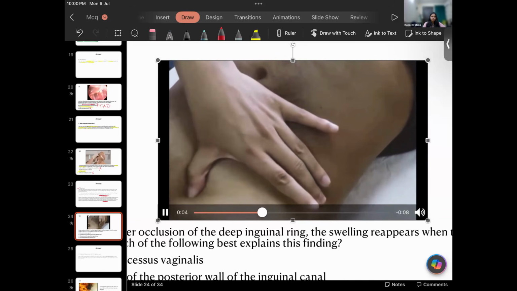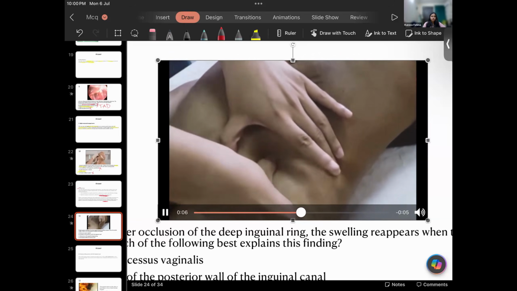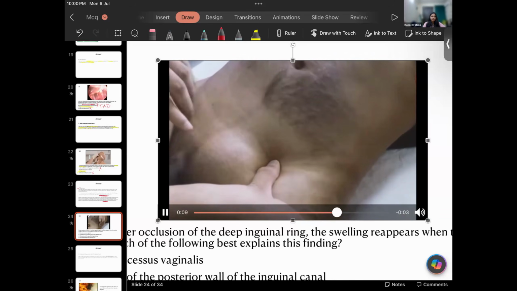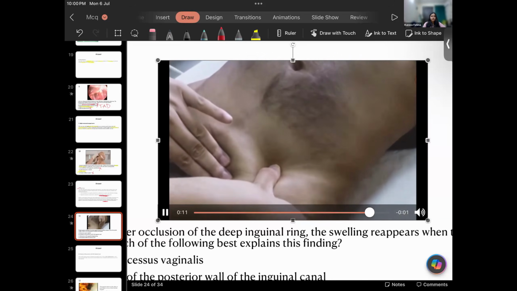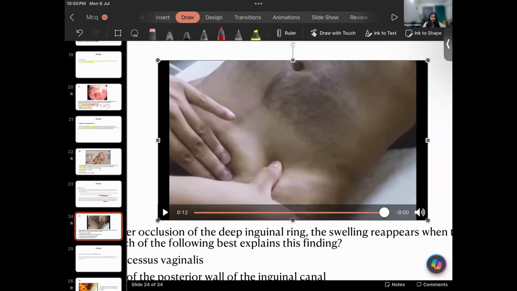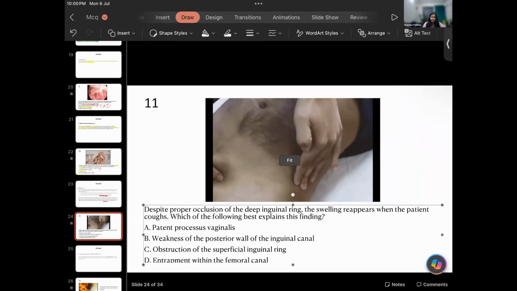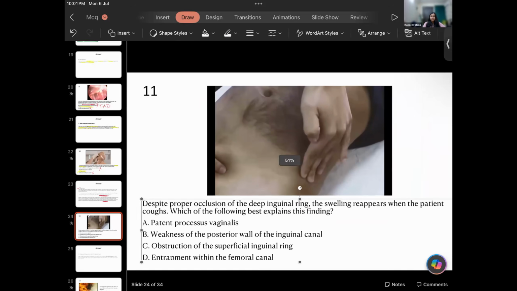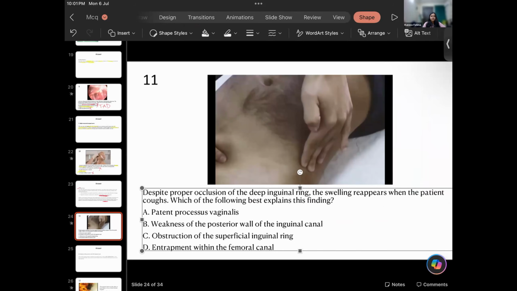A finger is used to occlude some point and the patient is asked to cough and the swelling reappears on coughing. What exactly is this? So even though the question mentions that there is an occlusion of the deep inguinal ring, had the question not mentioned this, you can clearly identify from the video that above the midpoint of the inguinal ligament the thumb is placed, meaning you have occluded the deep inguinal ring.